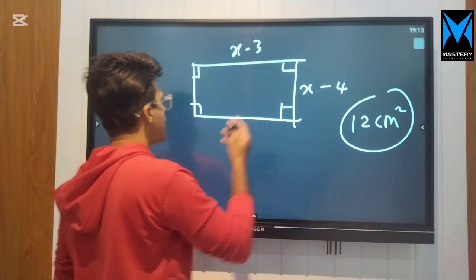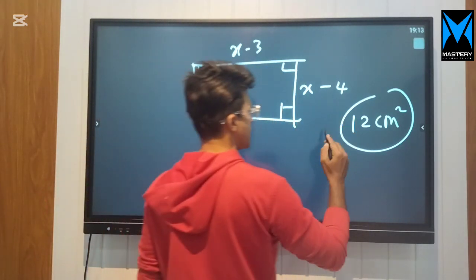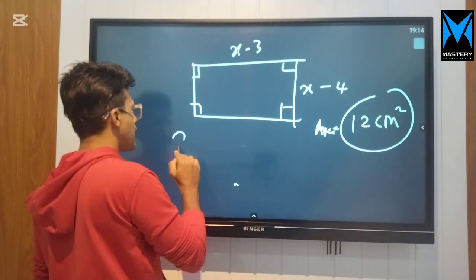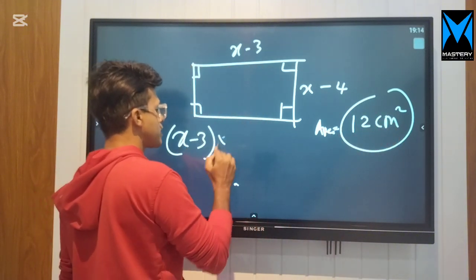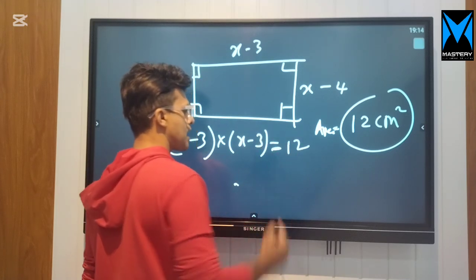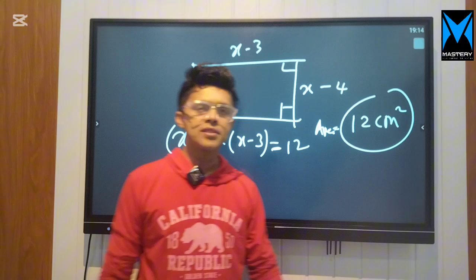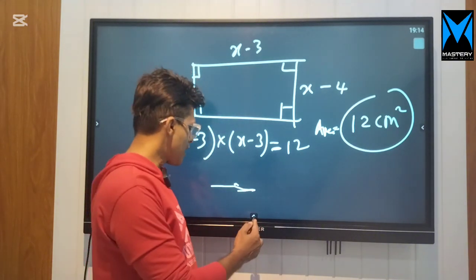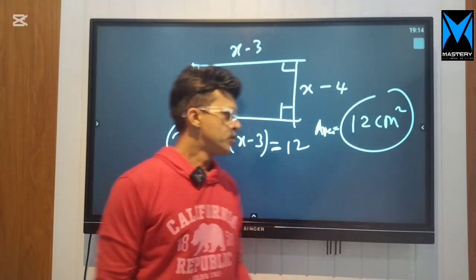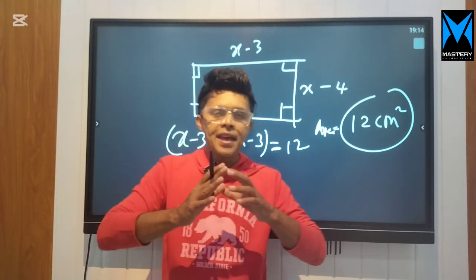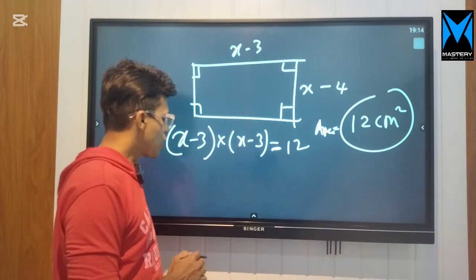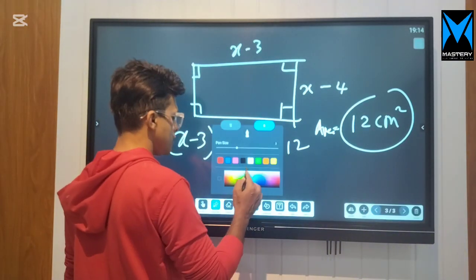Area can be taken as length into breadth, and it has given the area as 12. Generally, you know that we get the area of a rectangle by multiplying length and breadth. So now we are going to set up an equation here.